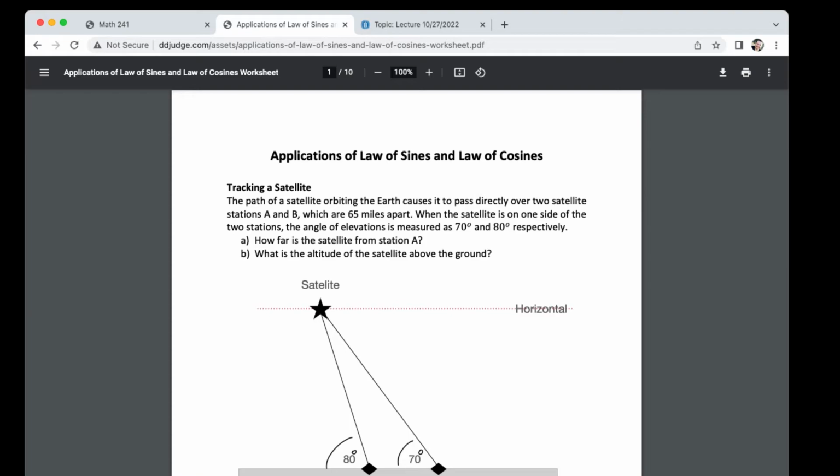I apologize, you can't hear me. Okay, sorry about that. So we were working on this law of sines, law of cosines application. I had to double check.